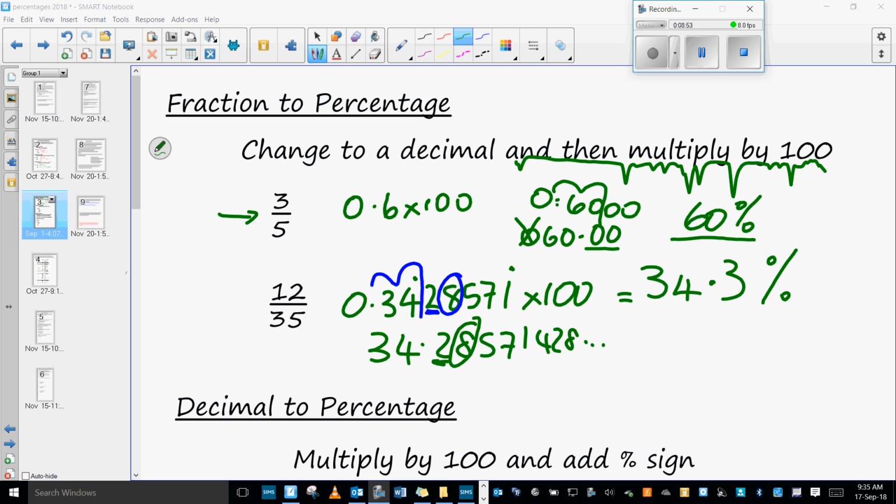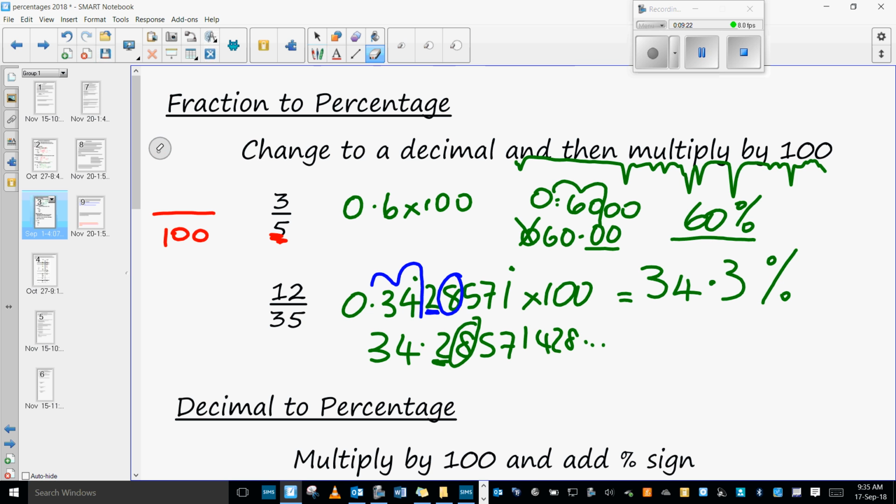Now I'm going to focus back up on this one here, just to show you another way of doing it, because sometimes this method makes it a little bit easier. So I'm going to look at 3/5 again. We know the answer, it's 60%. Another method is to say, well, this was a 5. To be a percentage, what would I like my number to be out of? What are percentages always out of? 100.